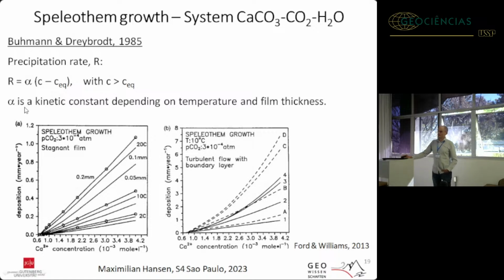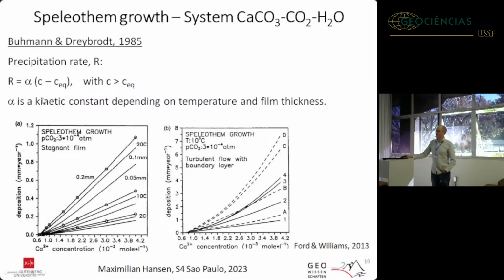They've done it for two different cases. One is a stagnant film, which is just lying on top of a speleothem. And they also did it for a turbulent flow, with a boundary layer, just a flowing solution, where the precipitation is going on in the boundary layer on top of the speleothem. And yeah, you see you get very different deposition rates for different film thicknesses.